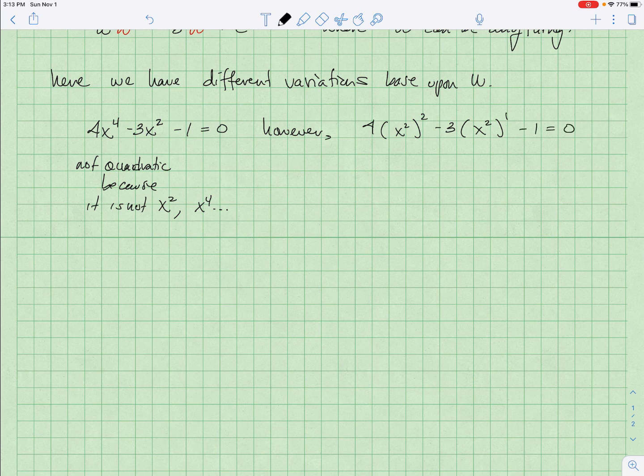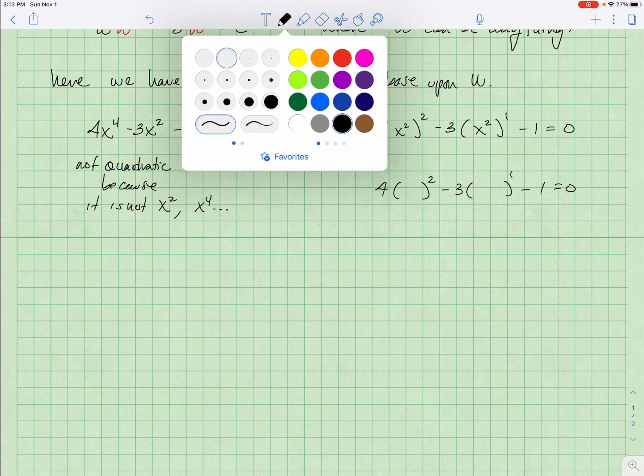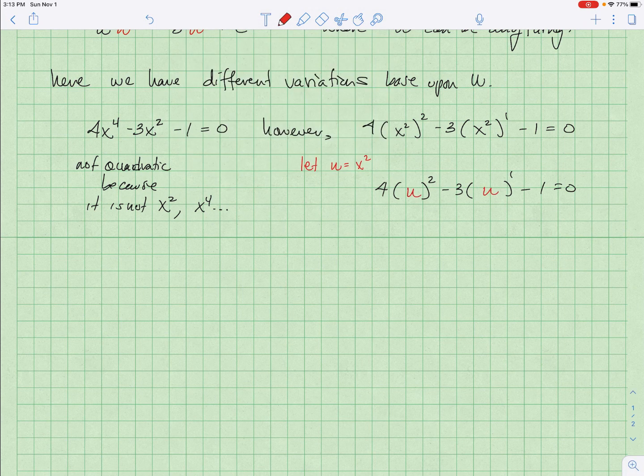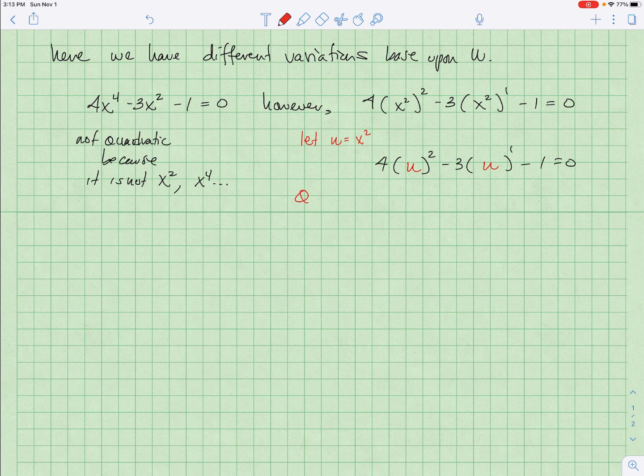And it's not quadratic in x, it's quadratic in x squared, so we might do a little substitution, like let u equal x squared, so that this becomes 4 times something squared minus 3 times that same thing to the first power minus 1 equals 0, where we have u and u here. So this is quadratic in u, or quadratic like or type forms. And so we can factor this, or we can use quadratic formula.